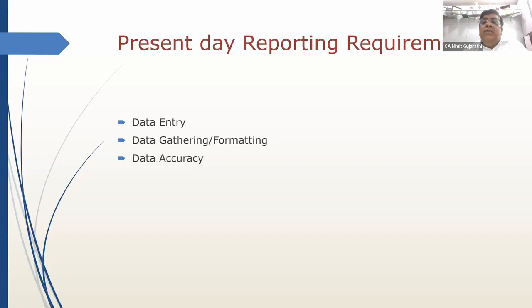And the third and most important requirement as an auditor is data accuracy. We are giving an audit report under our signature to the stakeholders that whatever data has been reported in the report is accurate and correct.